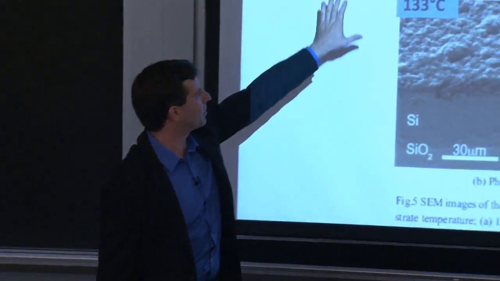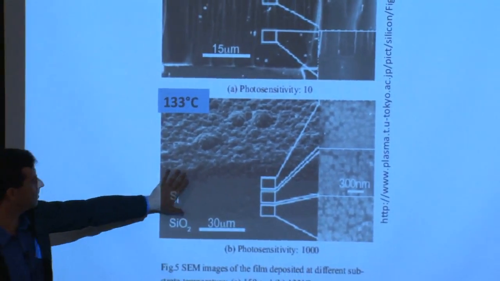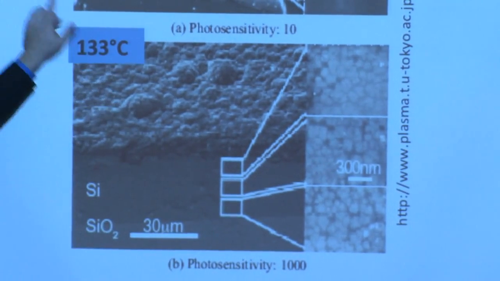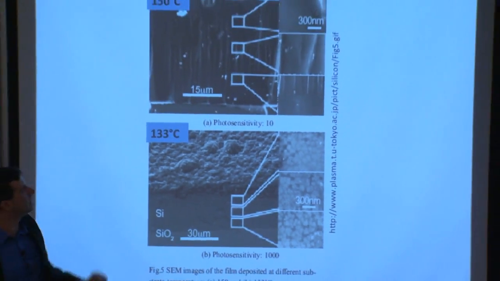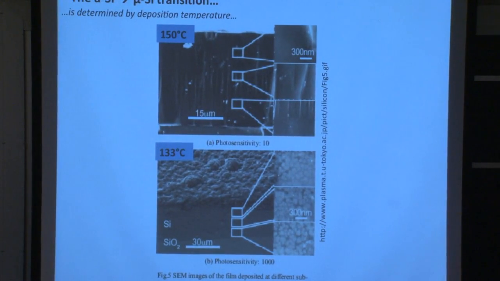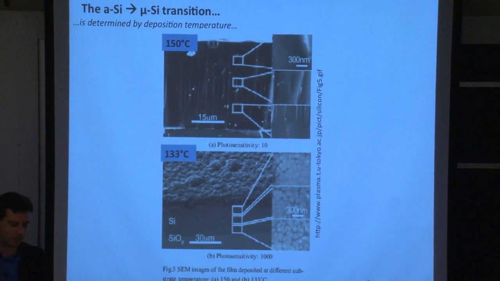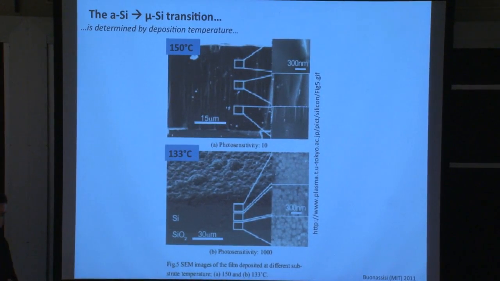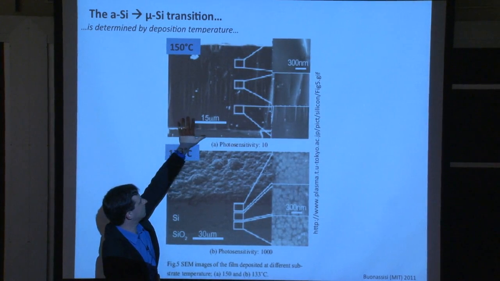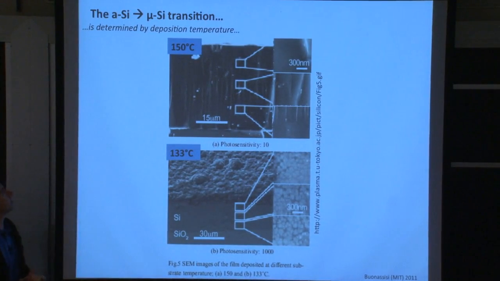This right here is showing an interesting effect when you begin heating up your substrate. When you're depositing amorphous silicon, you have amorphous material. If you heat up your substrate to too high of a temperature during the deposition process, and this is also impacted by the concentration of silane gas to hydrogen ratio during the deposition process, one can obtain a phase transition from amorphous material into what's called microcrystalline material.